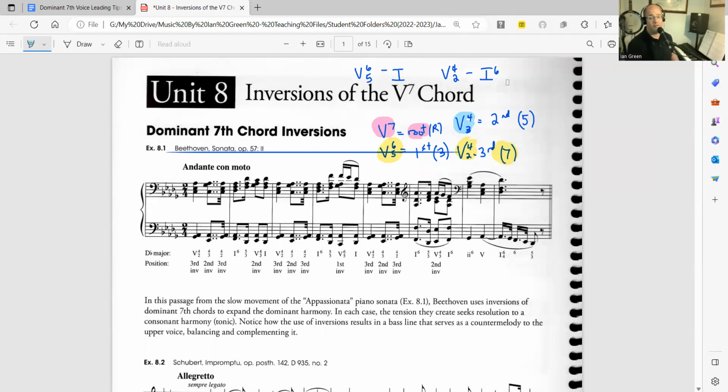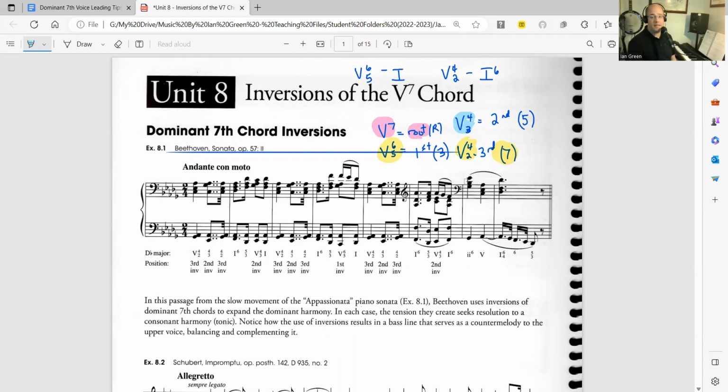But at the same time, the function really creates an interesting color because we have the seventh creating a slightly dissonant sound going to consonant. And this occurs in the bass or the lower part of a SATB writing.